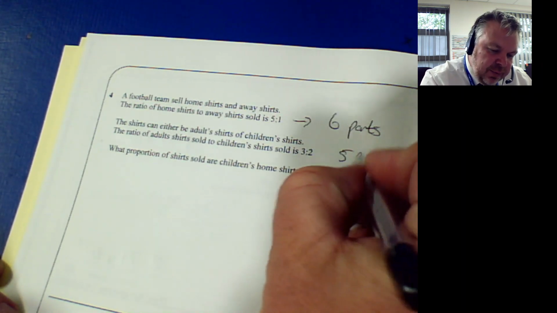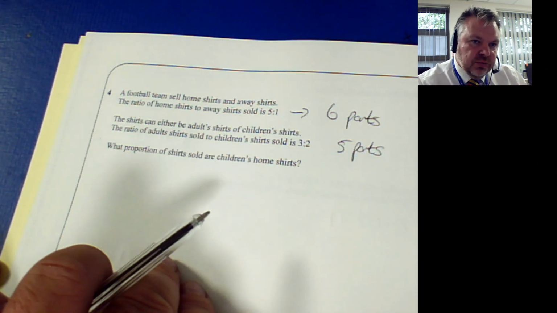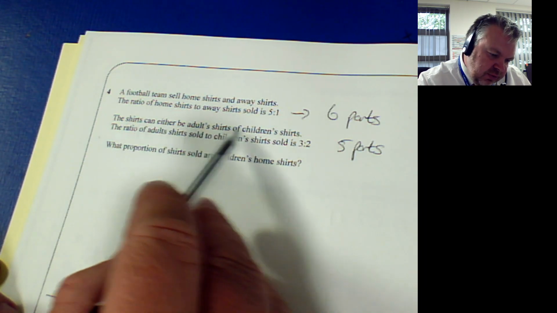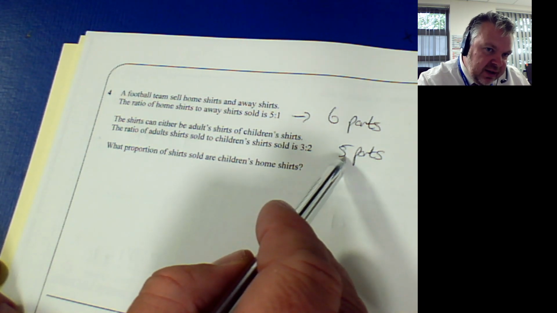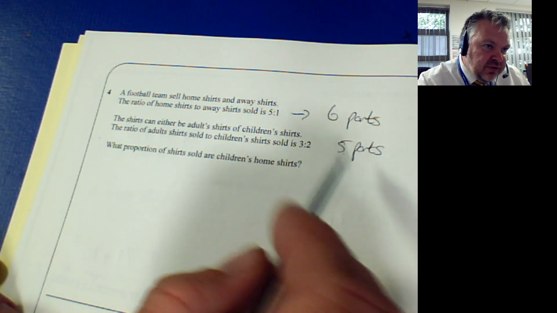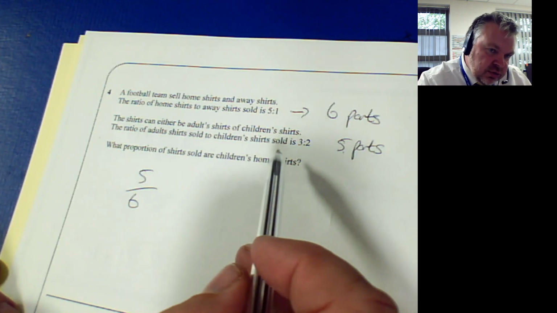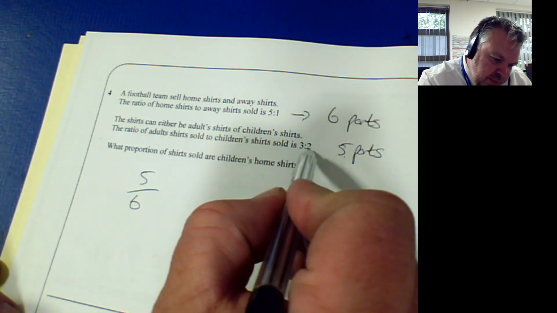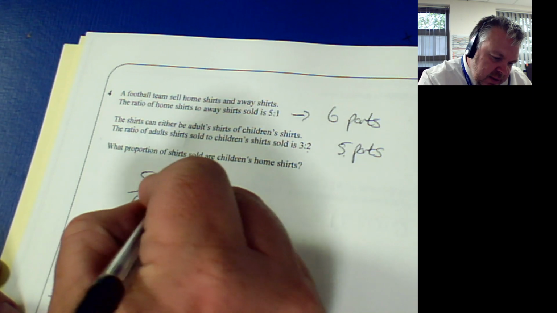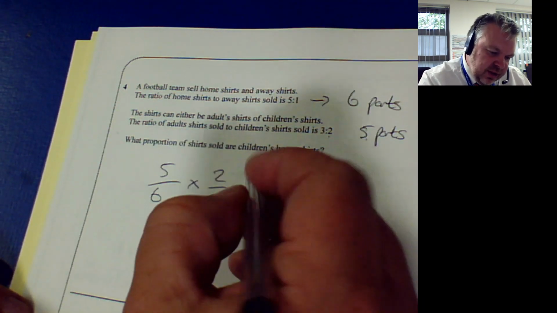So again, this is 5 parts. What proportion of the shirts sold are children's home shirts? Okay, so we've got adults and children, so we've got 5 of the 6, so 5/6, and of those we want the children's part, which is 2 out of 5.